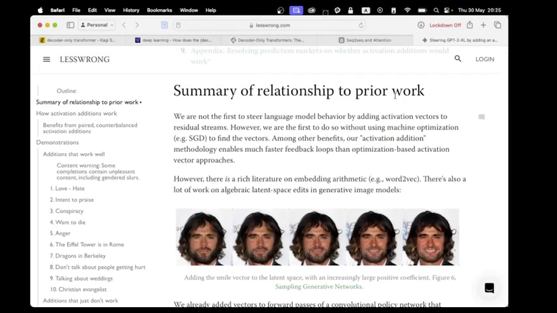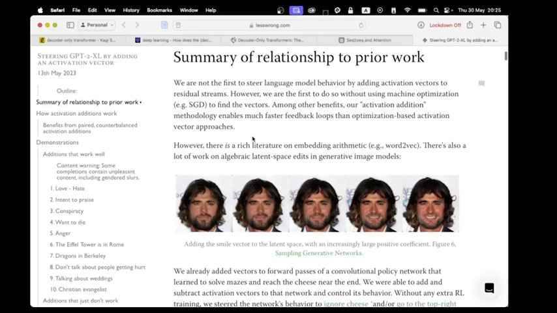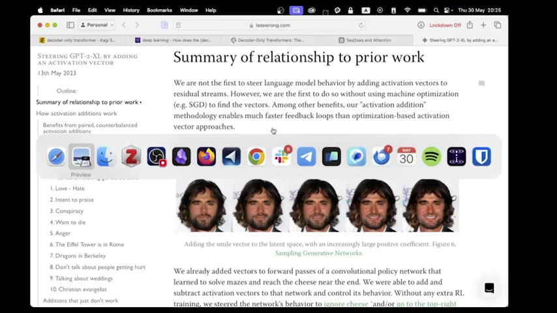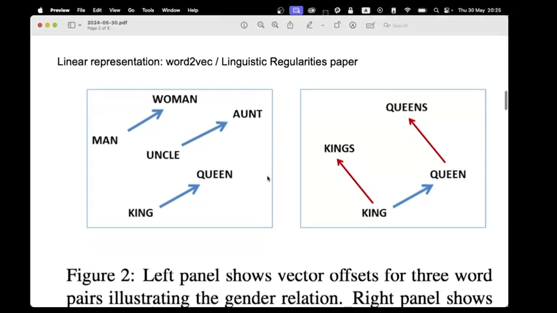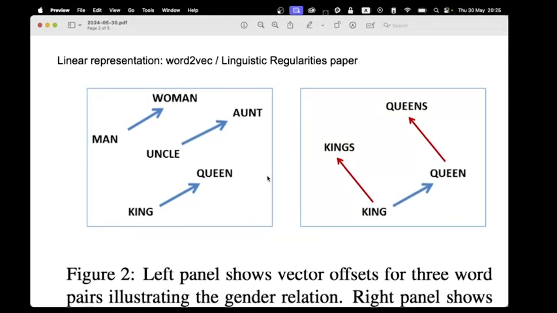To talk about this, it's useful to talk about what we expect to see in the activation space. Again, there is prior work suggesting that something is happening there. So the famous result: we learn word embeddings, as in the word2vec paper.